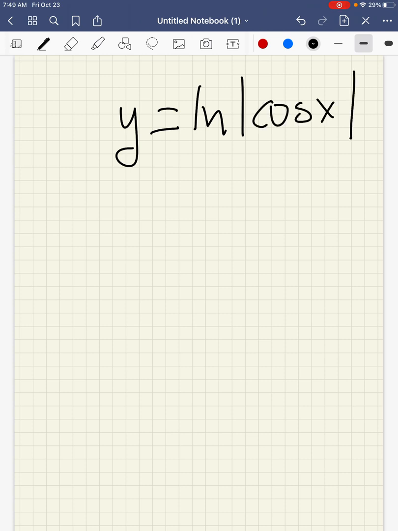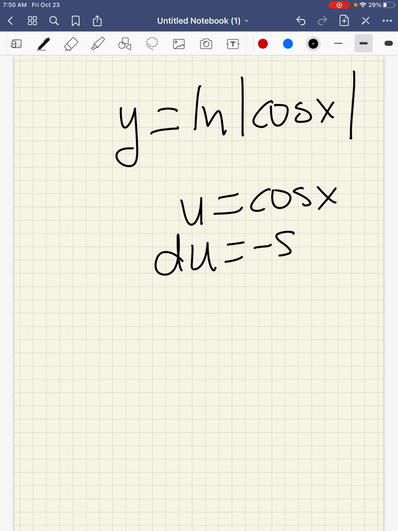All right, one more. Find dy dx when y is equal to ln of the absolute value of cosine of x. So u is cosine of x, and du is minus sine of x dx.